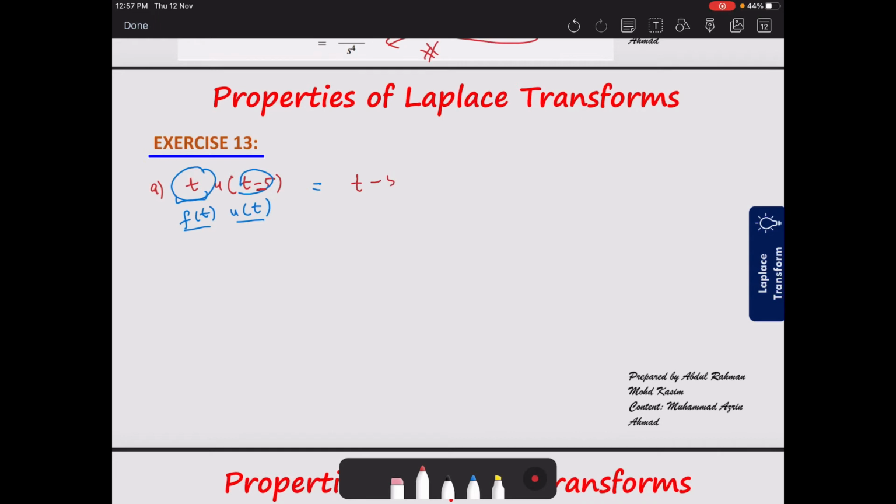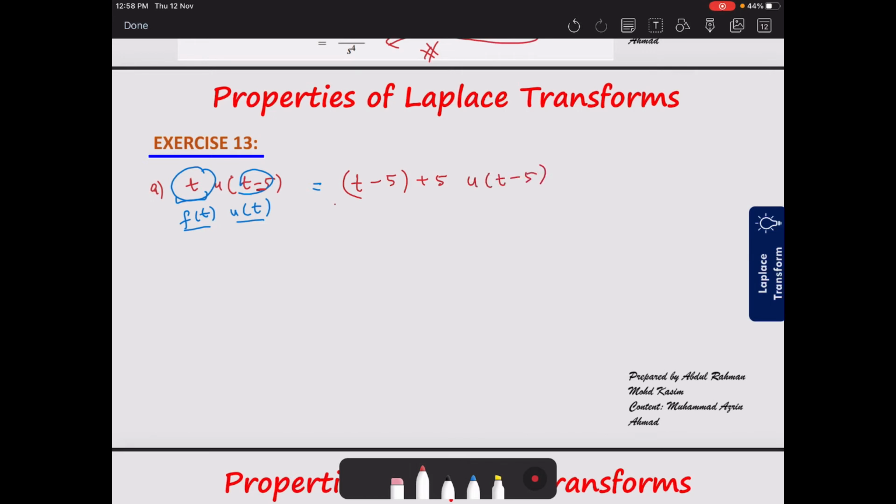The equivalent one is t minus 5. But if you make it minus 5 in your equation, you need to plus 5 so that you are not making a new thing in the equation, and the term u remains.